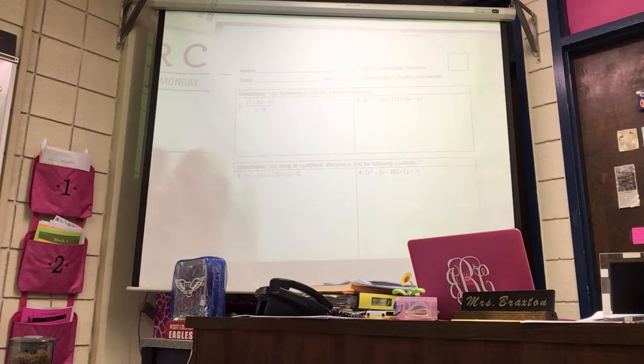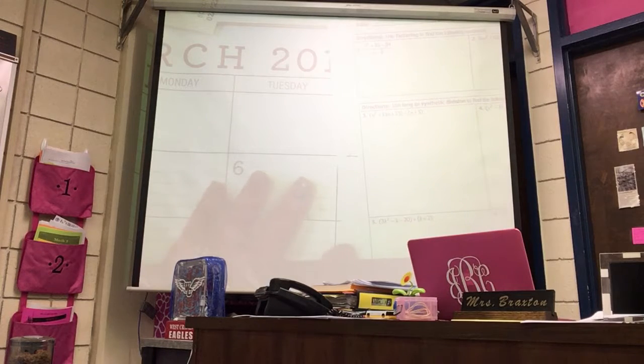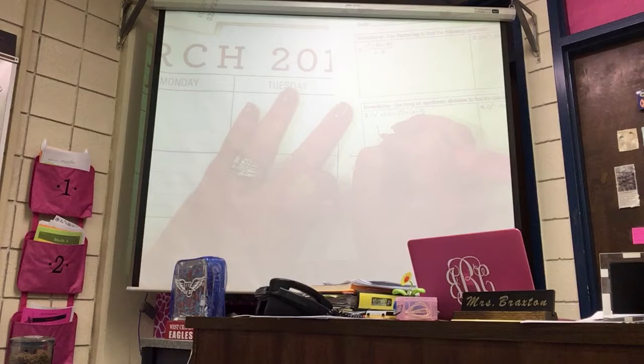Okay? Now, I want you to pay attention to setup. This is your box. And we're going to put our a in the box. We have n plus 5. What is our a? We just talked about it. -5. And then we're going to put our coefficients going across.